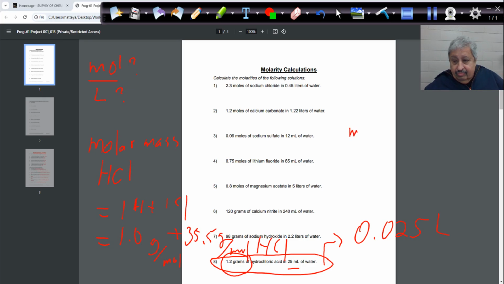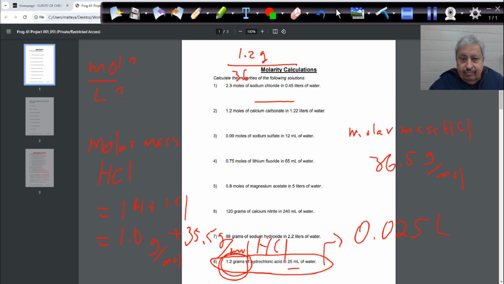So the molar mass of HCl is 36.5 gram per mole, correct? So I divide the grams, take this 1.2 gram, divided by the molar mass, 36.5 gram per mole. So the gram cancels with the gram.